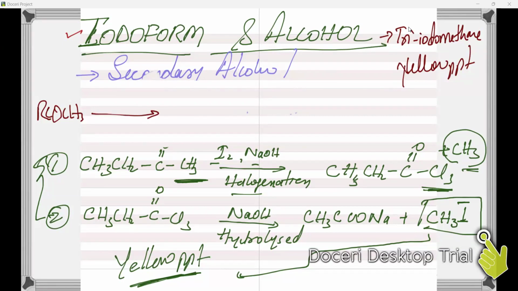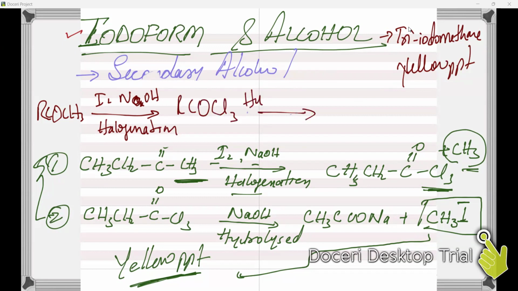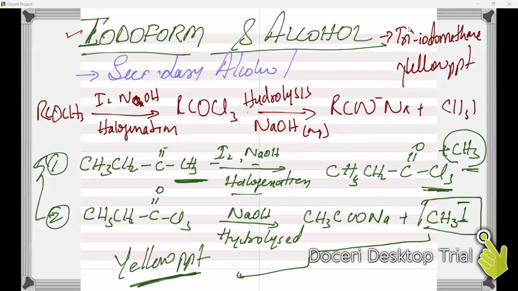In step number one, the reaction is in the presence of iodine and sodium hydroxide, and it is halogenation. It will give us RCOCI3. And then there is hydrolysis, yet again in the presence of aqueous NaOH. It will change into this. And at the end, we get methyl iodide. If yellow precipitates are formed, that means it is present.